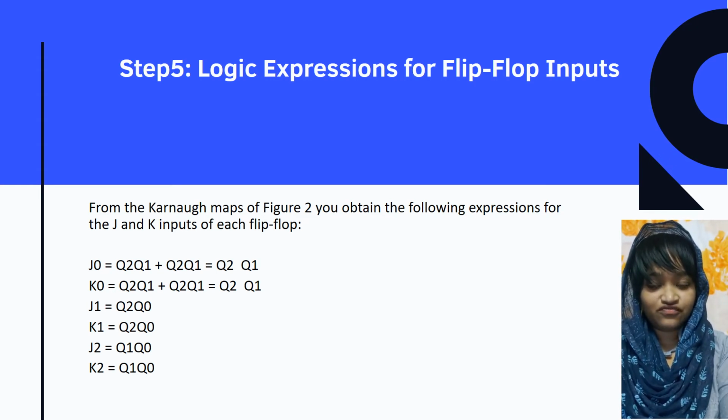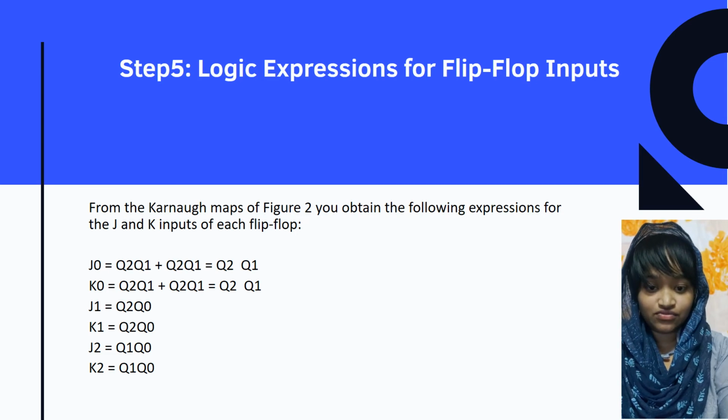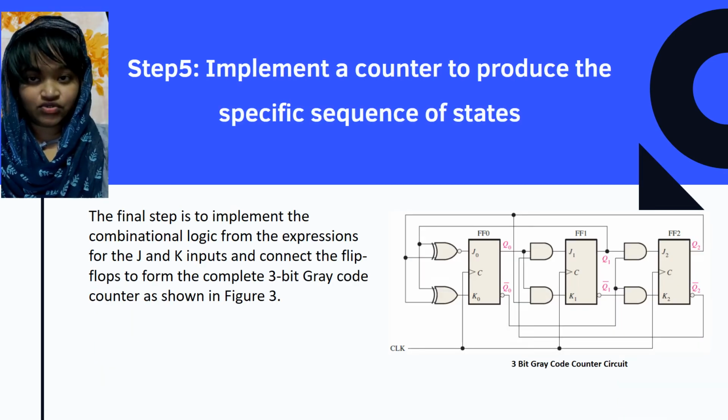Logic expression for flip-flop inputs. From the Karnaugh maps of figure 2, you obtain the following expressions for the J and K inputs of each flip-flop: J0, K0, J1, K1, J2, K2. Implement a counter to produce the specified sequence of states.